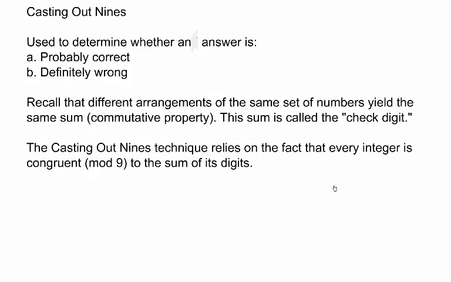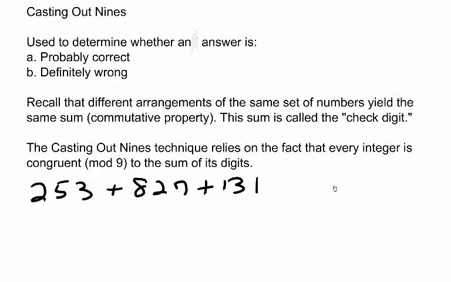Let's take a look at an example. Suppose we'd like to take the sum of 253 plus 827 plus 131. Let's calculate the check digit for each number.